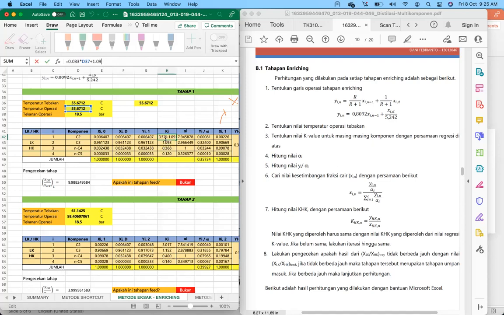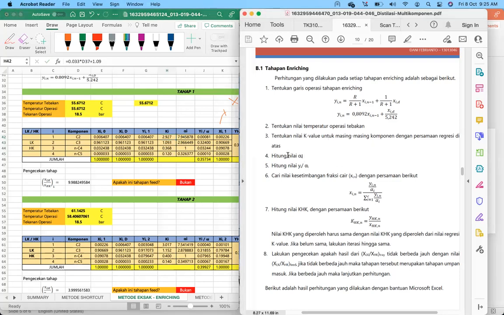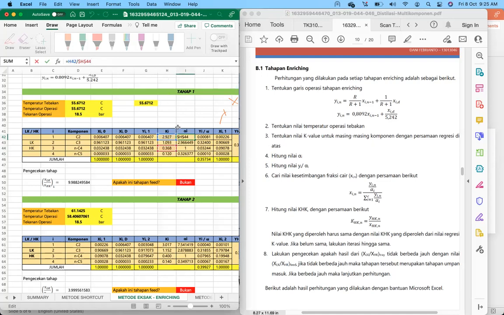Okay, and after that, once you have the K, you do it for all of the components, and then the next step is you calculate alpha i, Ki divided by KHK.